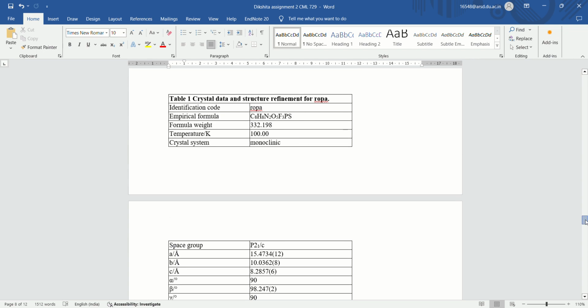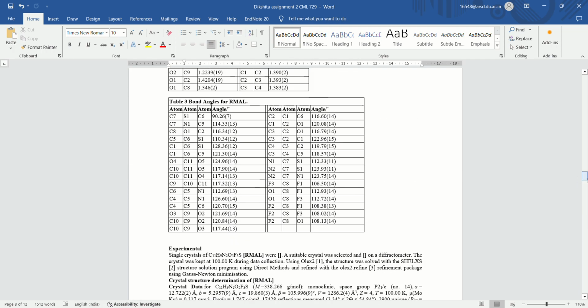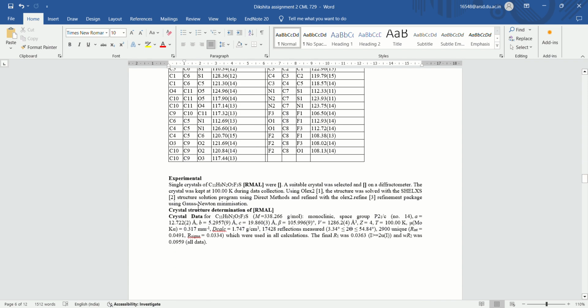So in this way we can get all the information from the OLEX software, like in the generated HTML file. It gives all the information about the experiment conducted and how the structure was solved using the OLEX software.